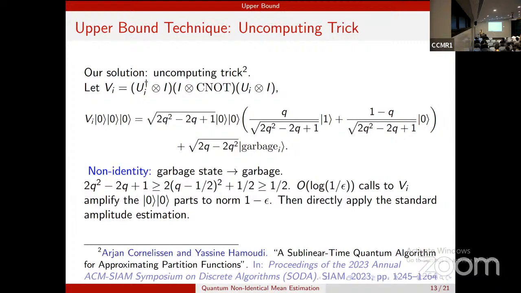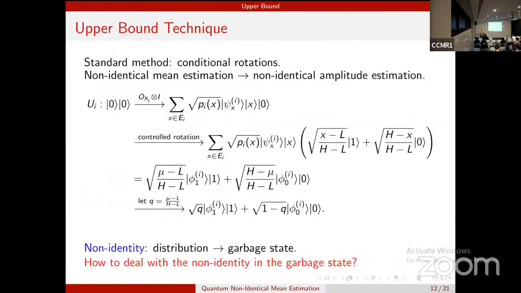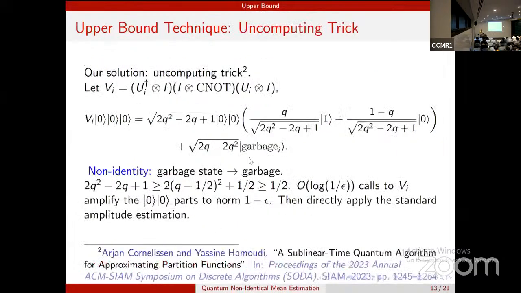And we can just ignore it and directly apply the standard amplitude estimation. So this is for the upper bound. We just gather the non-identity first from the distribution into the garbage state, and then they are all gathered in this real garbage, and the norm of it is narrowed to a very small space, and then we finish the upper bound.